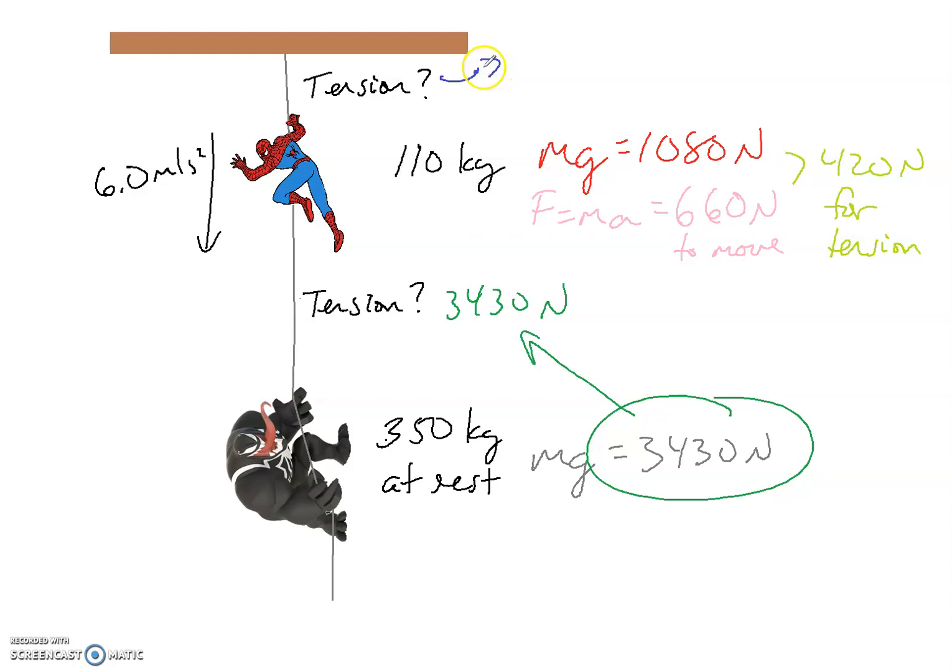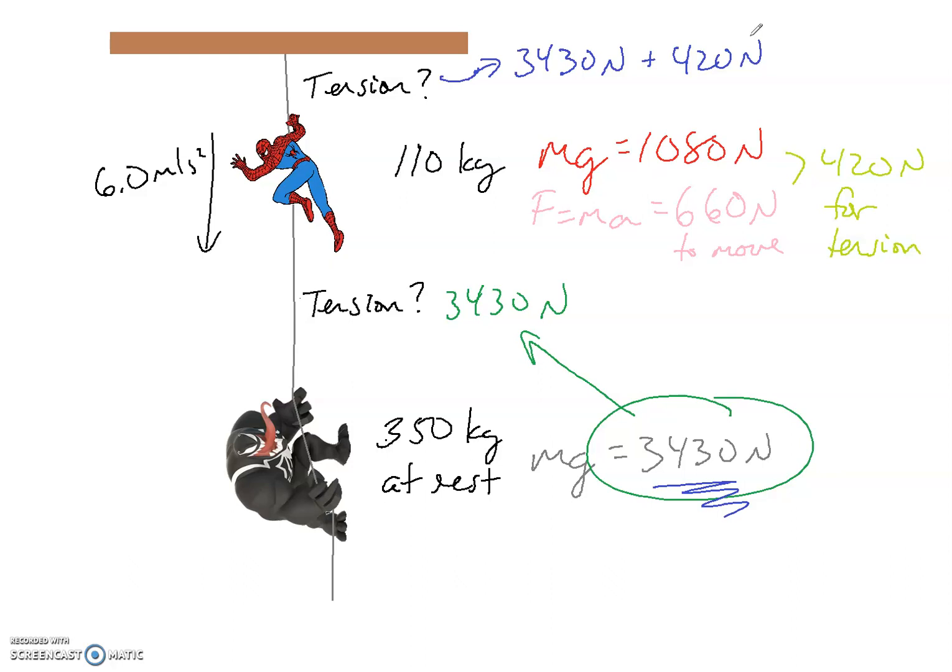First of all, that tension in the web is supporting Venom. So that tension up there has to have 3,430 newtons of tension just to support Venom. But then it also has another 420 newtons of tension because of Spider-Man. Now it's not his full weight because he's still sliding down, but 420 newtons of tension supports the remaining force Spider-Man is actually applying to the rope.